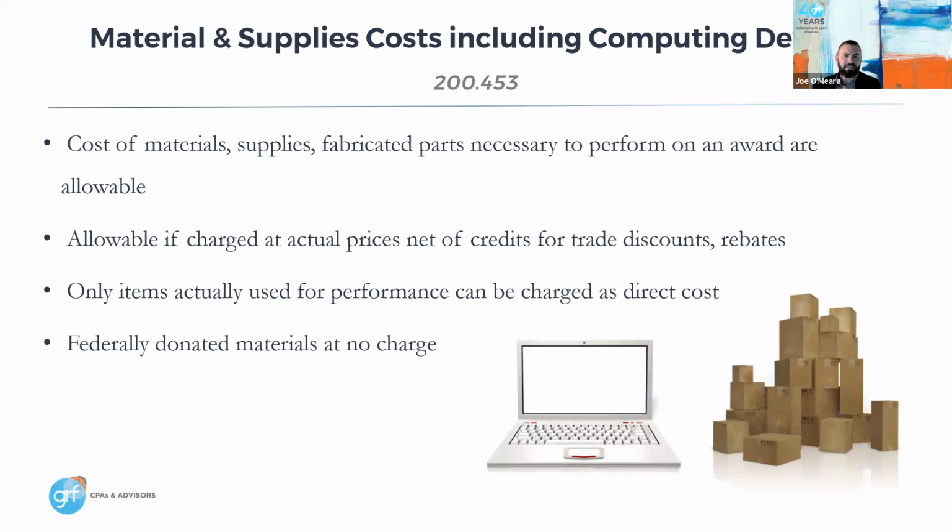And then material and supply costs, including computing devices. Again, go back to the actual definitions for more details on the exact wording for these. But material supplies and other things necessary to perform the award are allowable costs.